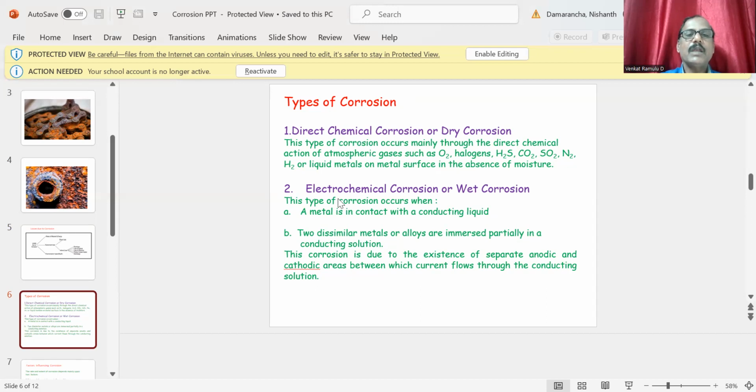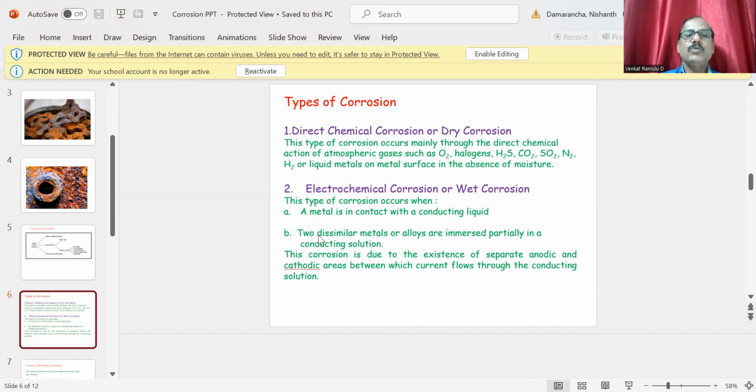And the second one is electrochemical corrosion or wet corrosion. This corrosion occurs when a metal is in contact with a conducting liquid. Whenever a metal has some contact with a conducting liquid, wet corrosion is possible.